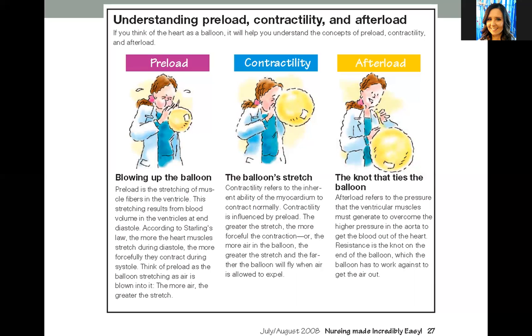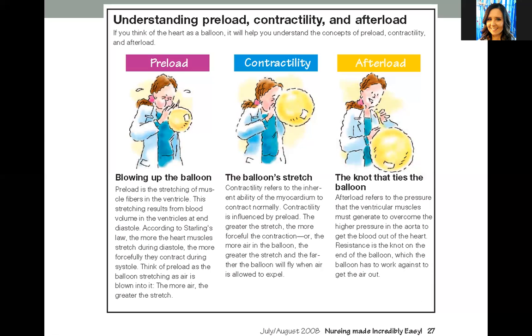So afterload can be increased with vasoconstriction, whether it's our body's compensatory mechanism doing it or from vasopressors. Afterload will be decreased with vasodilation or vasodilators. So we talked about systemic vasodilation, but with pulmonary vascular resistance, we're talking about the right side of the heart.